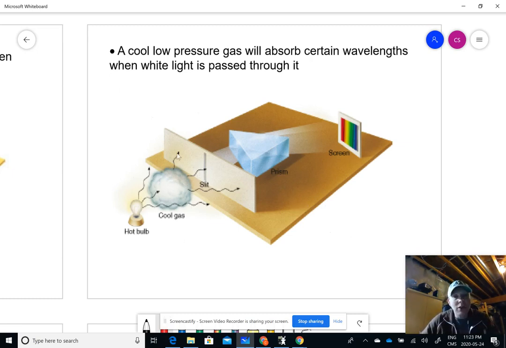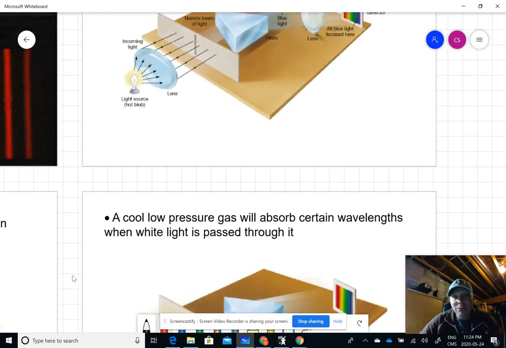Okay, so keep in mind with a cool gas, the electrons are in their lower energy state. So if we try and pass a light through a cool gas, the light that we're emitting here, right? Some of it is going to be absorbed by the electrons, the ones that are at the right energy level. So the light that does get through here is going to be incomplete, right? It's not going to be continuous like this one up here.